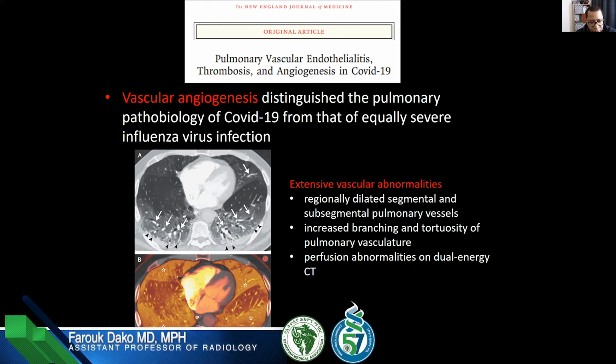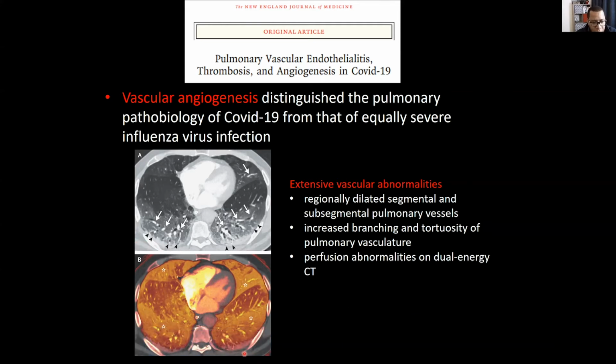In this patient, as you can see, there's some consolidation more posteriorly, which correlates to an area of decreased perfusion. So it seems like early on in the disease, there might be some increased perfusion, but then as it progresses to consolidation, there's probably a decreased perfusion.